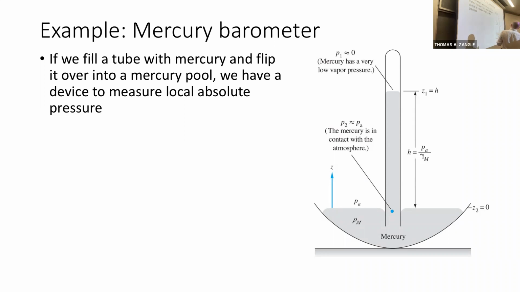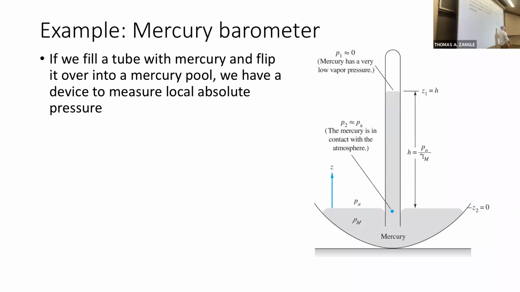But we can use what we've learned to understand how this kind of thing works, right? Within this column of mercury is the pressure. How does the pressure down here relate to the pressure up here? Down here, higher or lower? Higher, right? Because we're down. What is the pressure at this point? Atmospheric pressure.